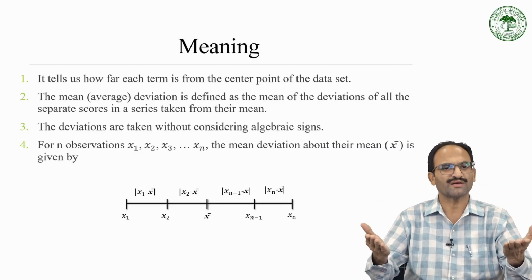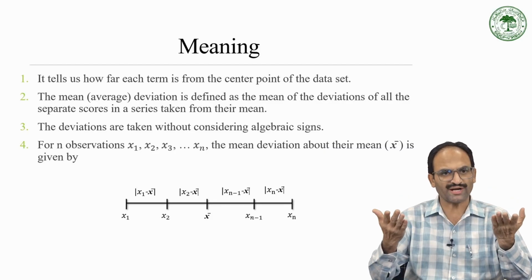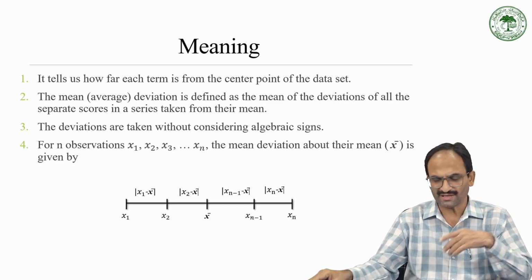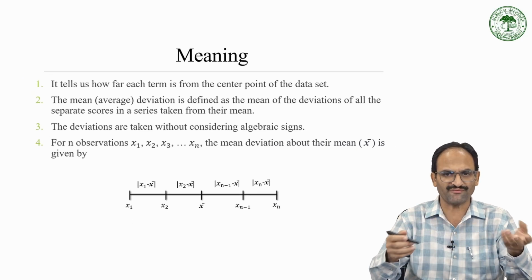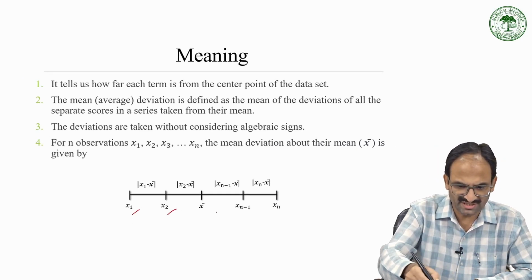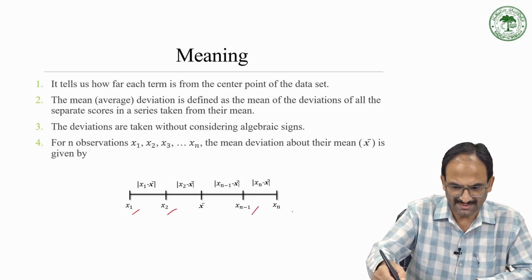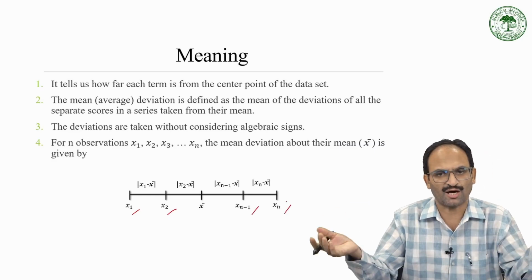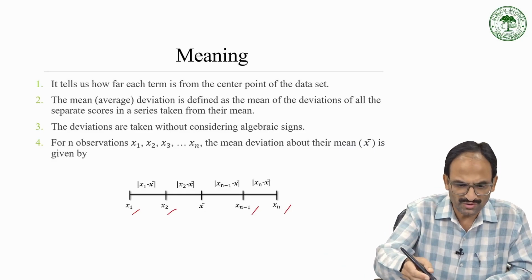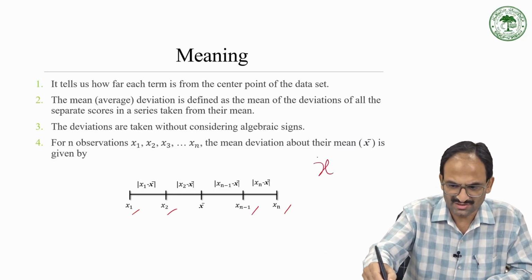It has been clarified in the fourth point. Suppose we have n observations: first observation, second observation, n minus 1th observation, and nth observation. First you will find the mean, x bar.